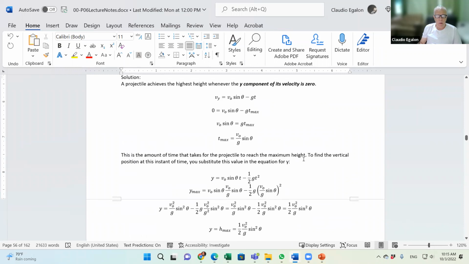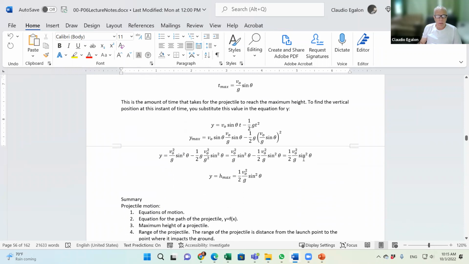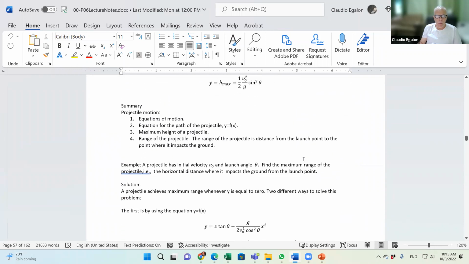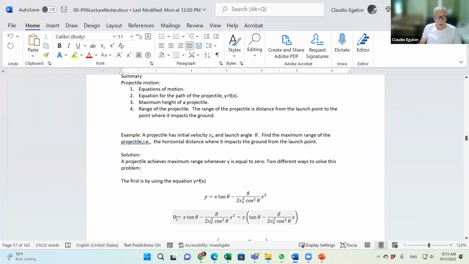So here you go. We put y equal to 0 here. We get x tangent of theta minus g over 2 v naught squared cosine squared theta x squared. Remember that we have a quadratic equation. This quadratic equation has two roots.